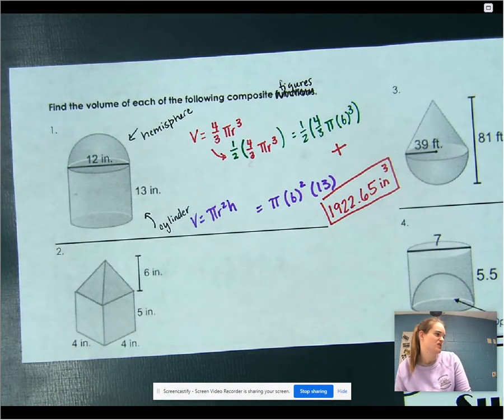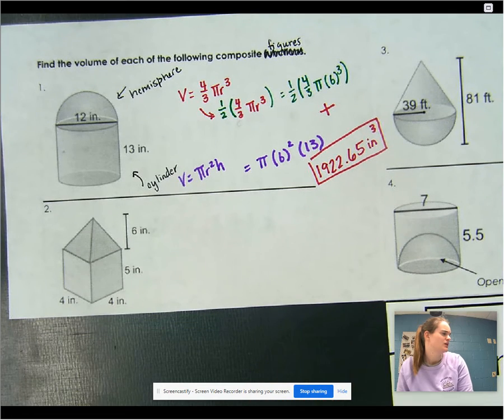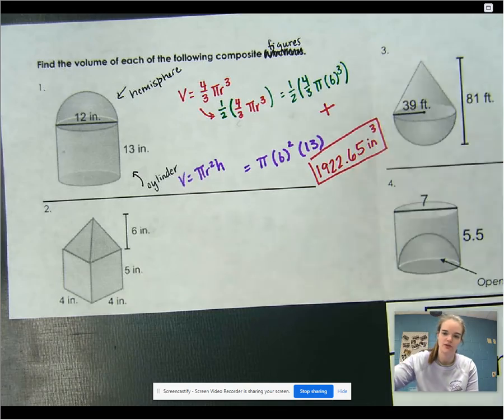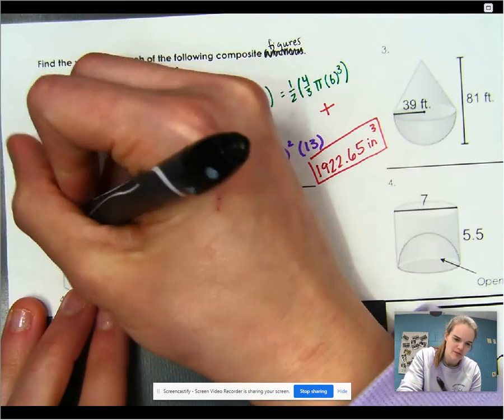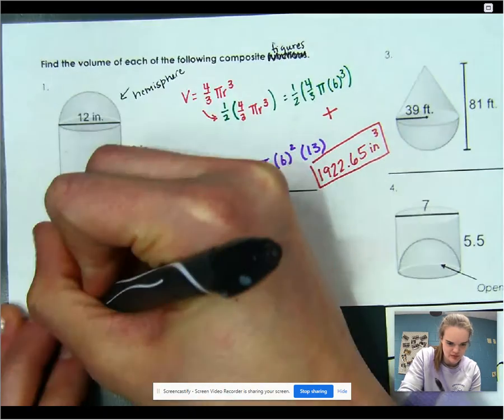Most figures are actually composite figures, as you'll see. All right, let's do the volume of this composite figure. In this figure, we have a pyramid and a prism.